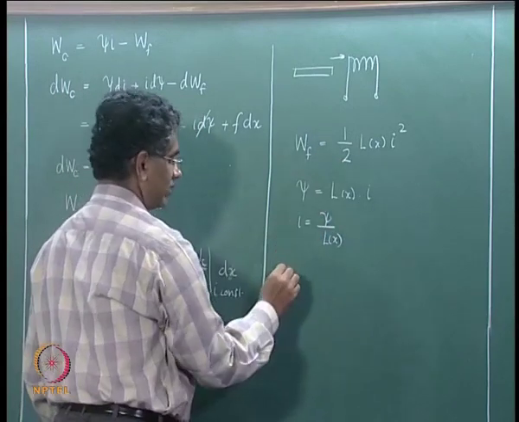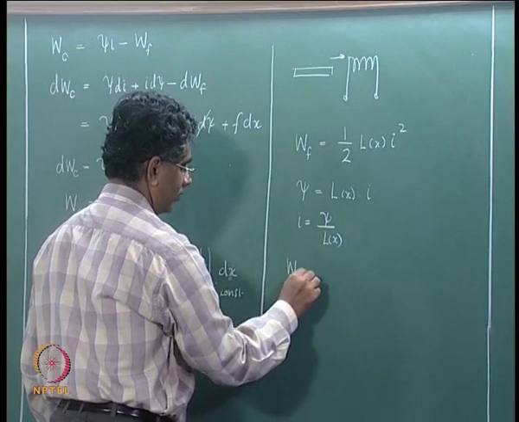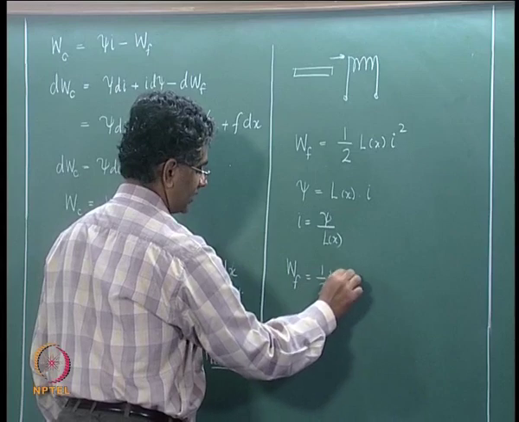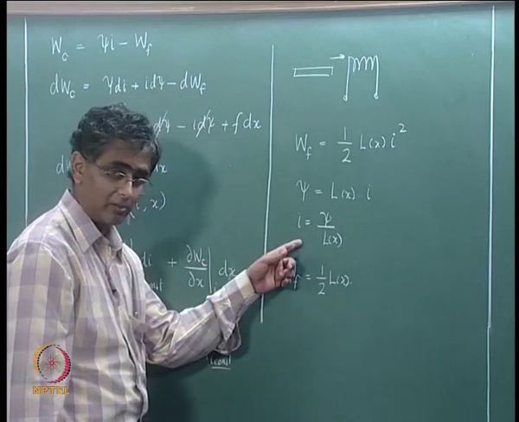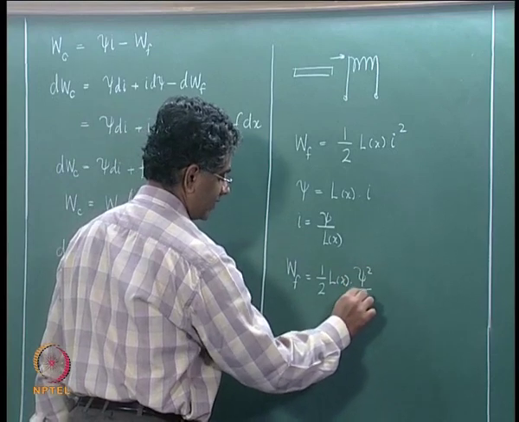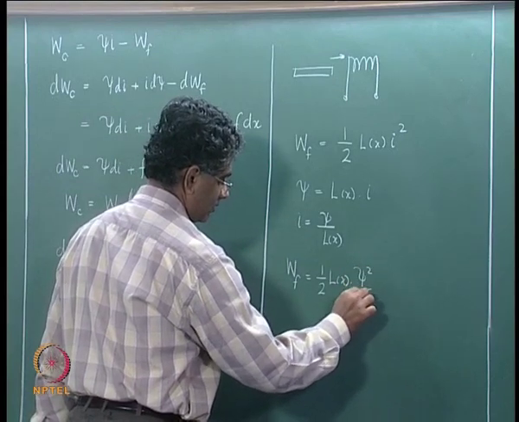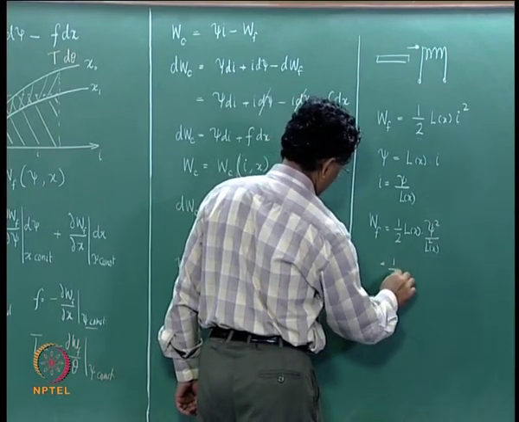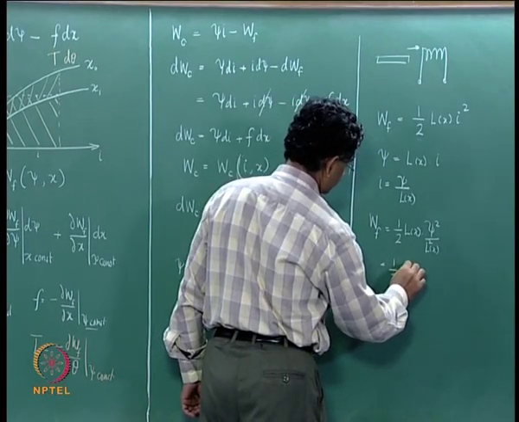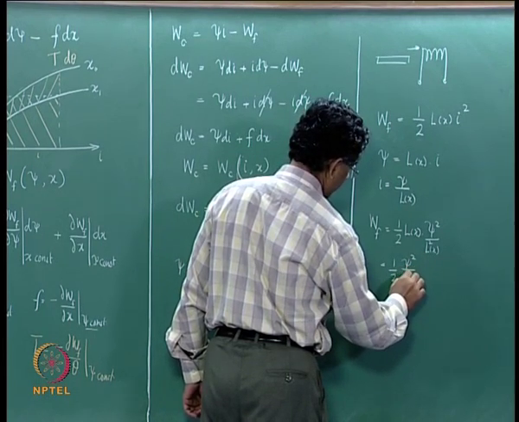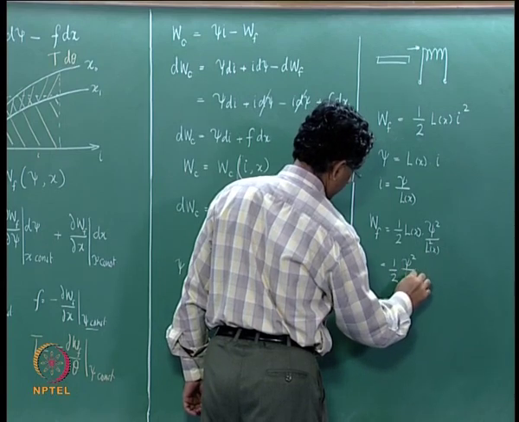So we substitute this there, which means Wf is equal to half of L(x) multiplied by I square, which is psi square divided by L square, which means this is half of psi square divided by L(x).